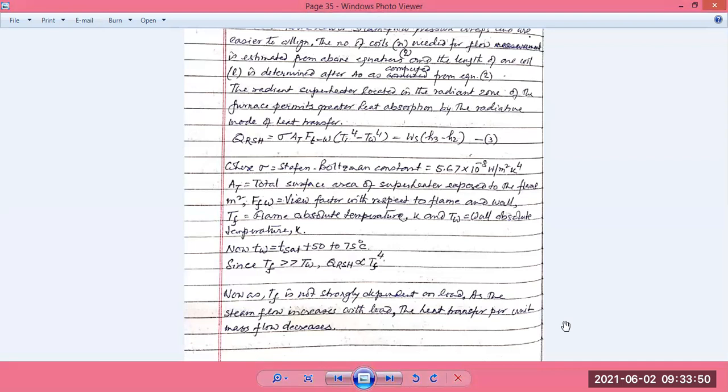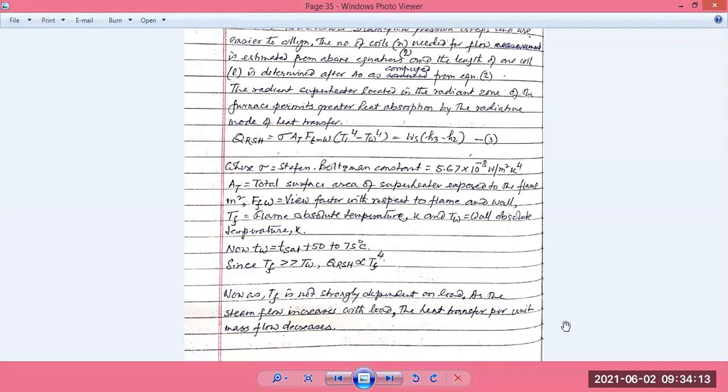F_TW is the view factor with respect to flame and wall, T_F is the flame outside temperature in K, and T_W is the wall absolute temperature in K.